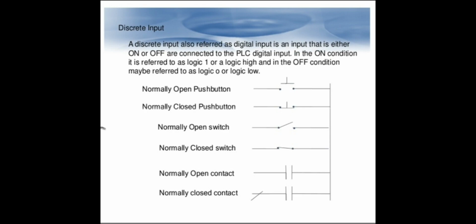Normally open push button is shown here. The first is an open push button and a normally closed push button, then a normally open switch, a normally closed switch, a normally open contact, and a normally closed contact. These are different types of push button conditions.